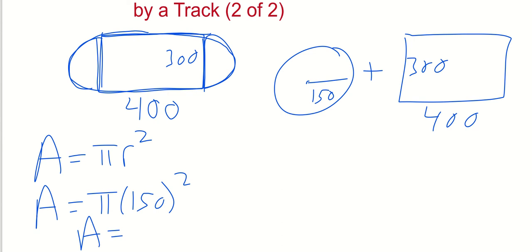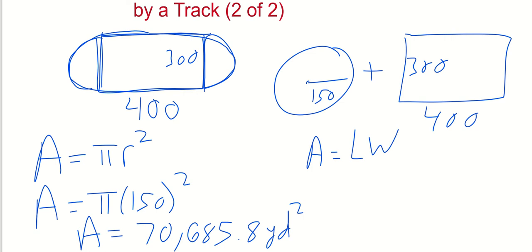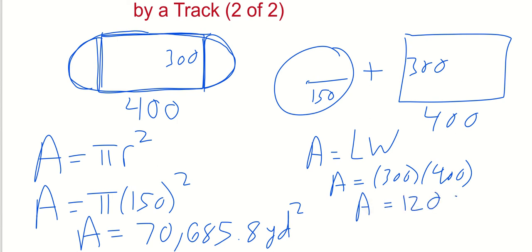On your calculator, you either need to do 150 squared, or you can do 150 times 150, which would give us 70,685.8 square yards, because it's area. And for our rectangle, it's going to be length times width. That's going to be 300 times 400, which should be 120,000 square yards.